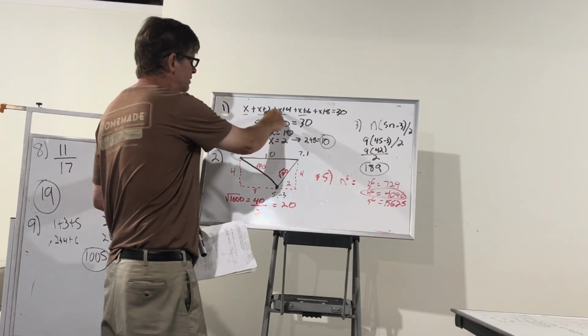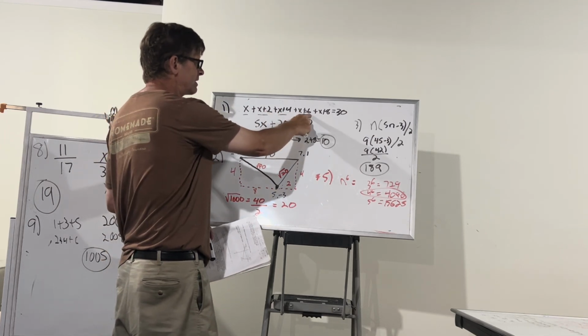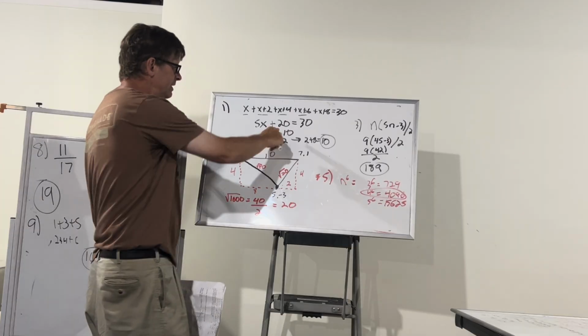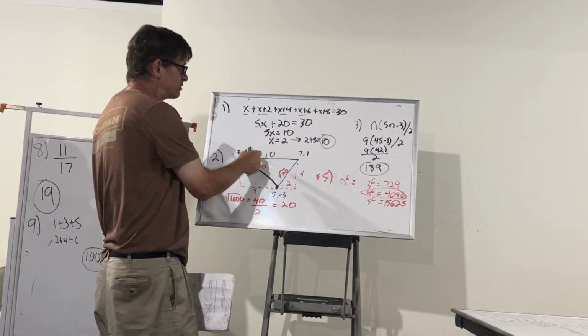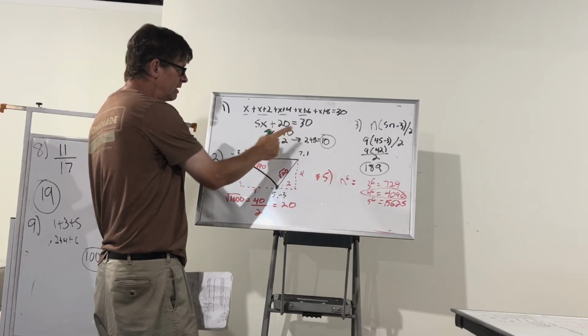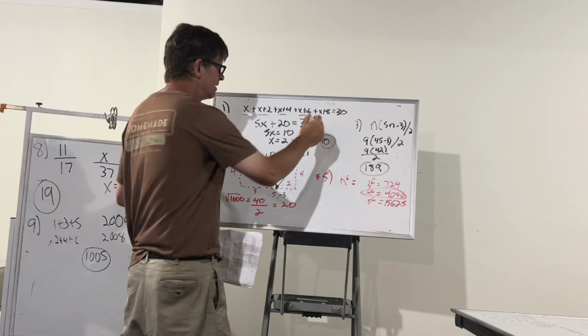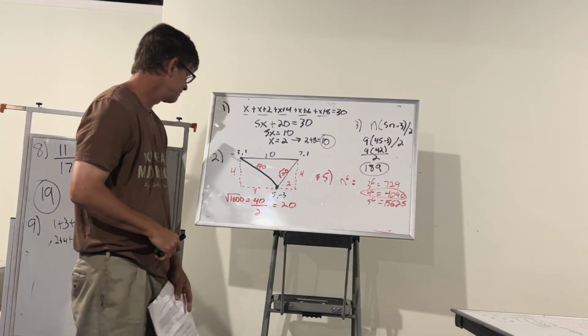There's 5 X's, plus 2 and 4 is 6, and 6 is 12, and 8 is 20. 5X plus 20 is 30, subtract 20, so 5X equals 10. X equals 2, that's the youngest kid. It said what's the age of the oldest kid. That's the X plus 8, so that kid would be 10 years old.